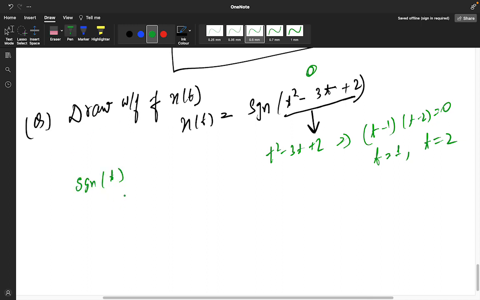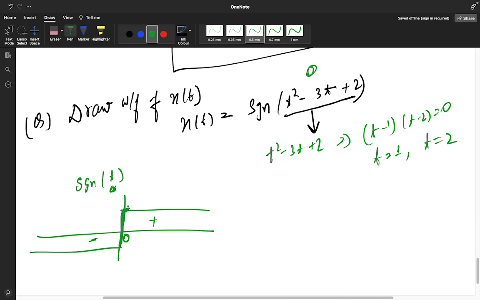If I am writing t only, the normal signum curve is like this: positive, negative. And if the value is 0, it looks like this.